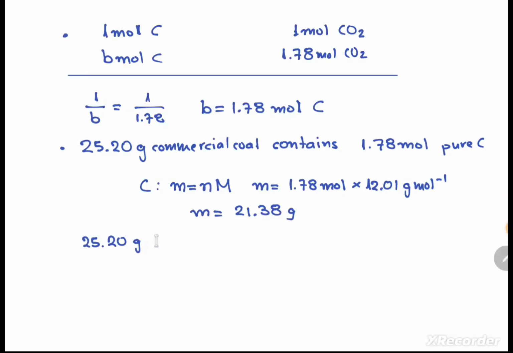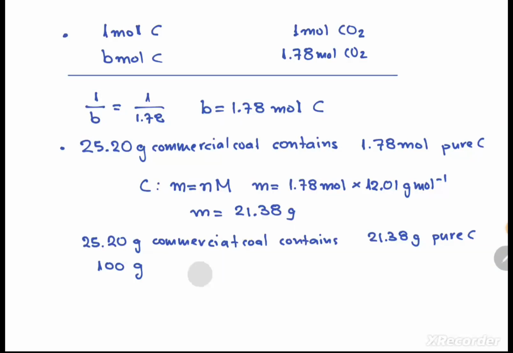So, 25.20 grams of commercial coal contains 21.38 grams of pure carbon. We need to know in 100 grams of commercial coal how many grams of pure carbon we have.